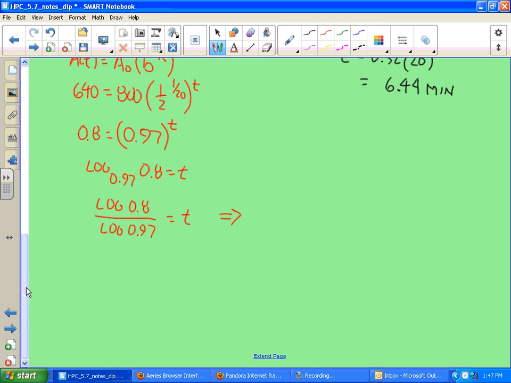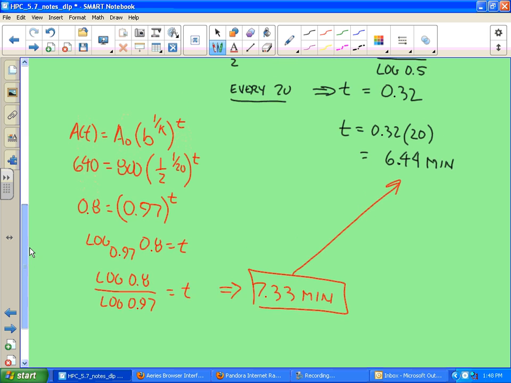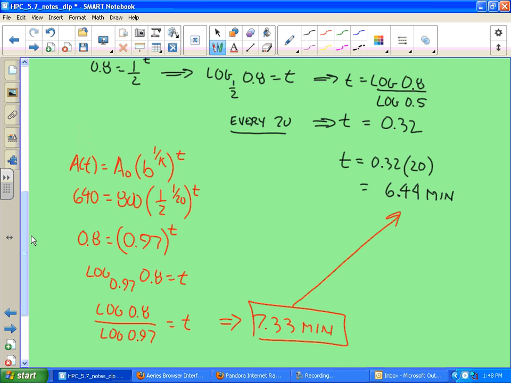Yeah. Is that right? You guys agree? Log of 0.8, close it, divided by log of 0.97. So there is a difference between me setting it up on a per minute change versus a per 20 minute change.